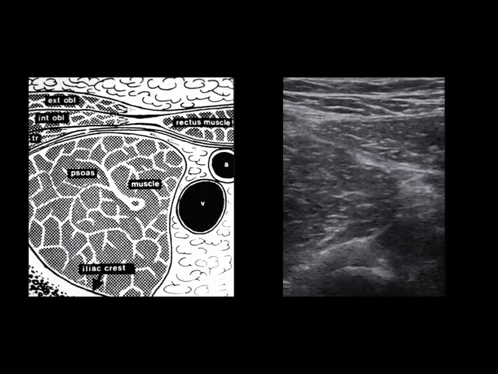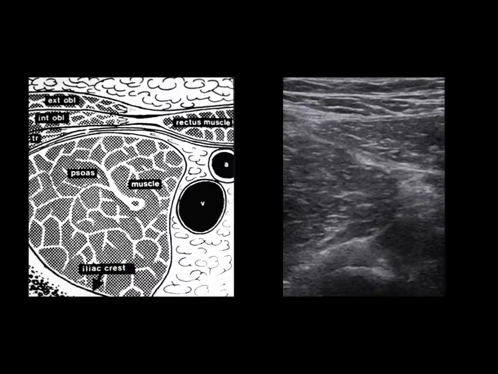So this is, in the transverse view, the anatomy that you're looking for. Certainly up here you have your rectus muscles and then your internal and external obliques, which are off the picture, your very large psoas muscle. You'll see a little bit of the iliac crest posteriorly to the psoas muscle.